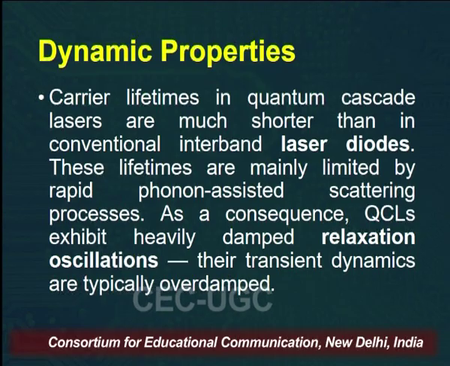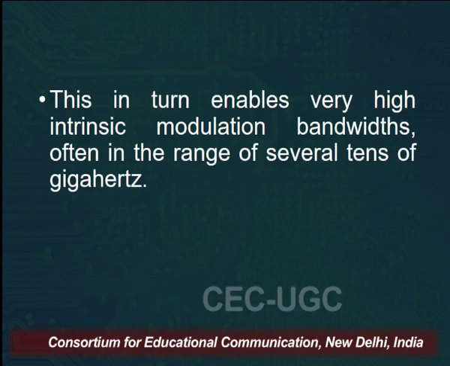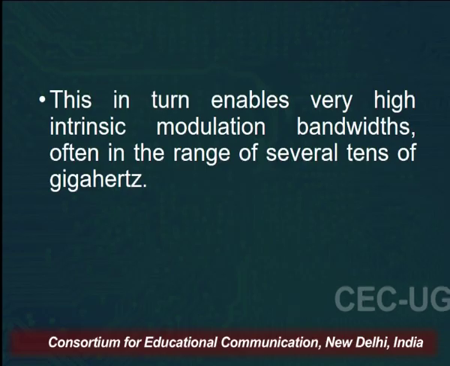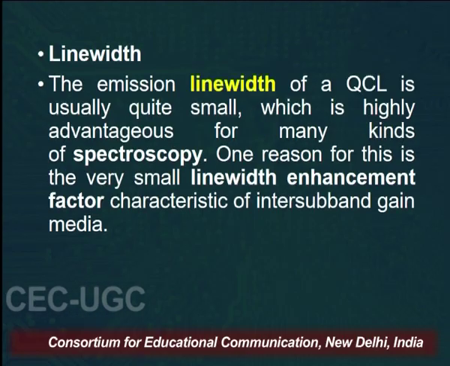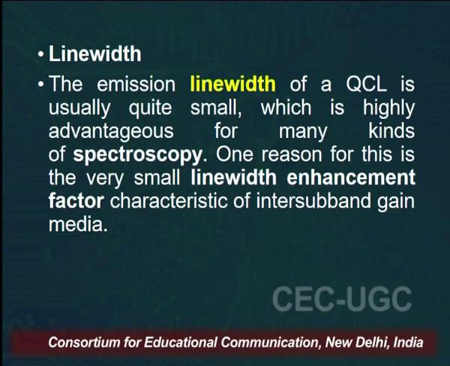Their transient dynamics are typically overdamped. After some time, it is just damped. This in turn enables very high intrinsic modulation bandwidth, often in the range of several tens of gigahertz. Another dynamic property is the line width.